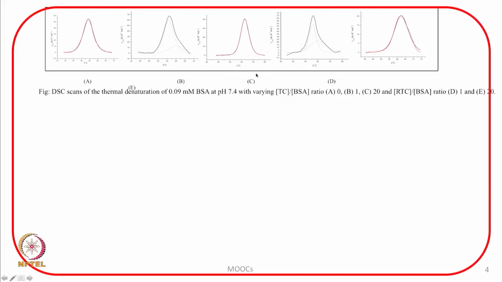Then there are two more figures, C and D, shown over here. C and D correspond again to the one which is without any Rowley tetracycline, and this is in the presence of Rowley tetracycline. And again we can see here that the one peak is now divided into two peaks. That means one of the interpretations of such behavior can be that at equilibrium we have both the PL and P, and that is why it splits up into two endotherms.